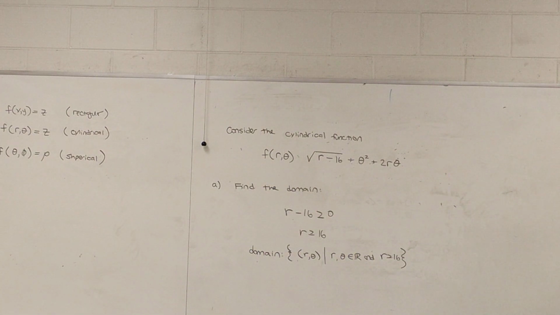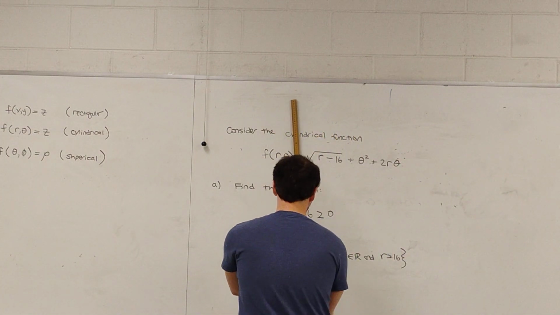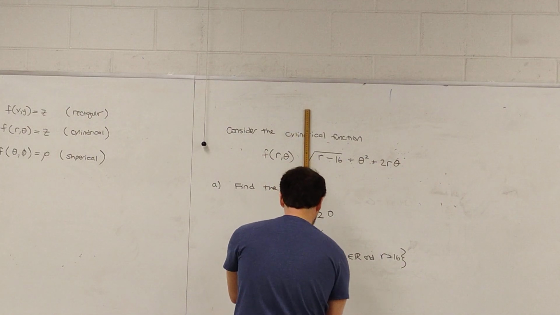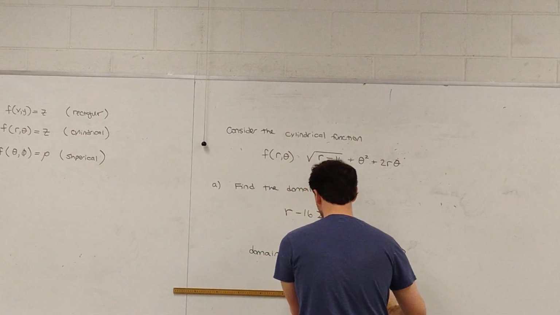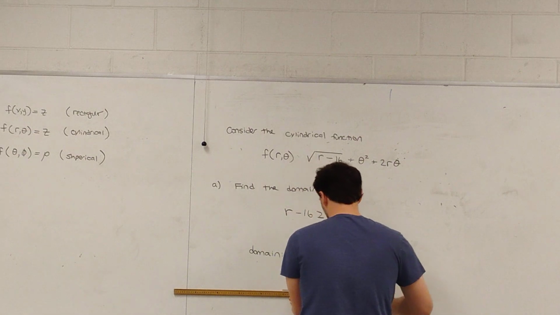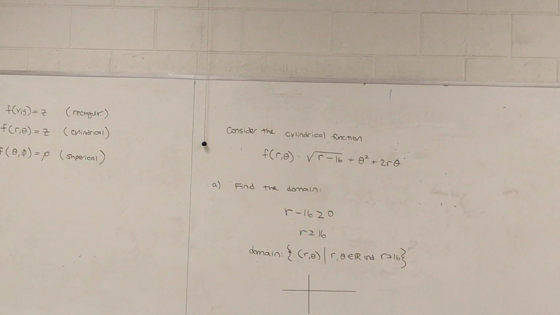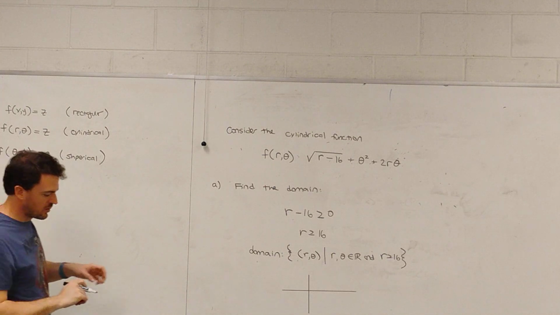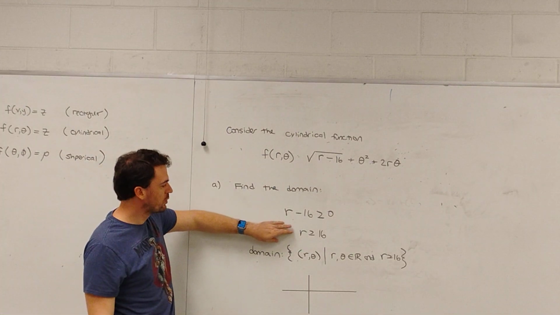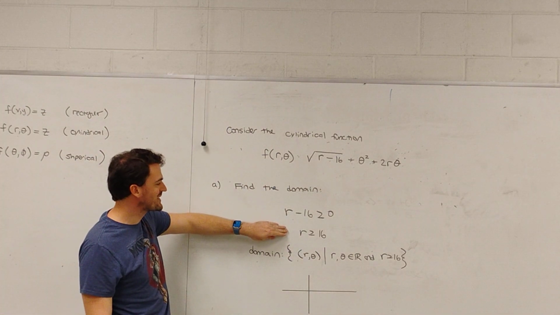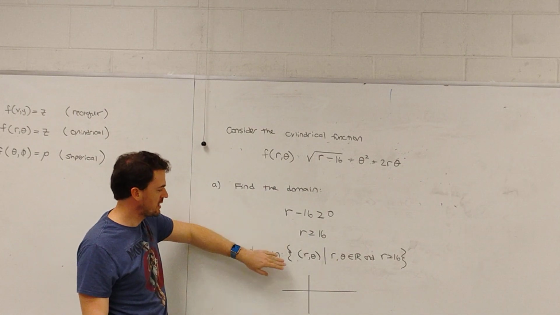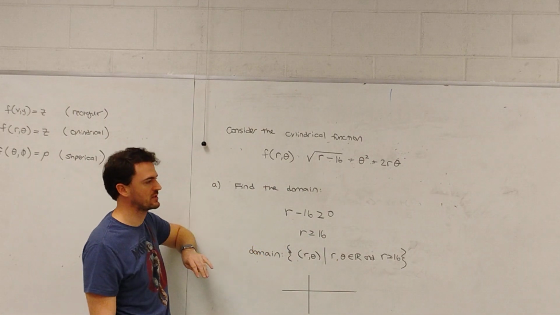And you might be going, well, hang on, but theta is not really a distance. I agree it's not a distance, but r comma theta is a coordinate in polar coordinates, and it still describes a point in R2. So we would be responsible for recalling what r is greater than or equal to 16 looks like in polar coordinates.